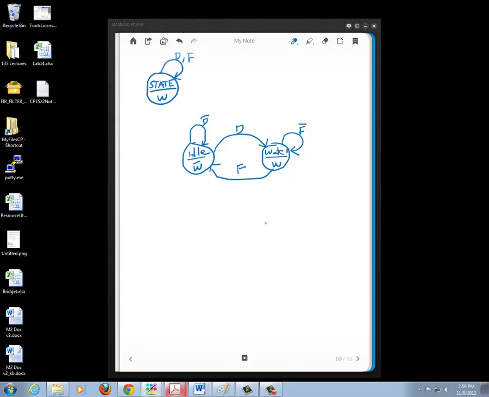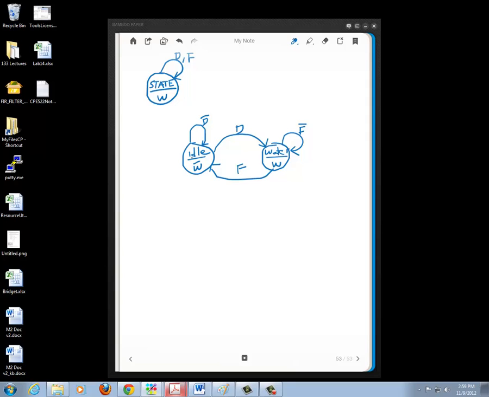Now, it's important to note that whenever you have outputs coming out of a state, you need to take care of all cases. So, in this case, we have two inputs, so we should take care of all input cases for all states. So in this case, in our idle state, we have a D naught and a D. Now what about F? Well, actually, we don't care what F is in this state because there's no way we would get a flood signal or not flood signal.